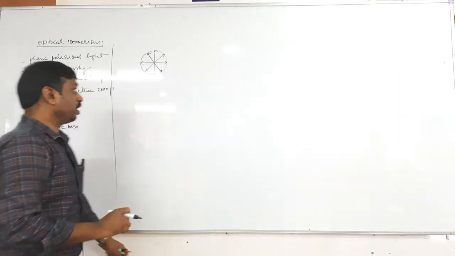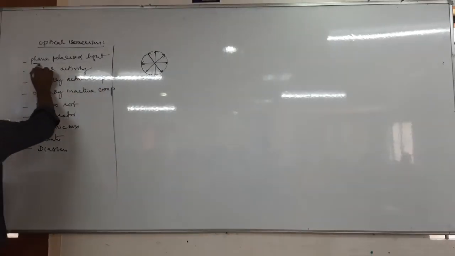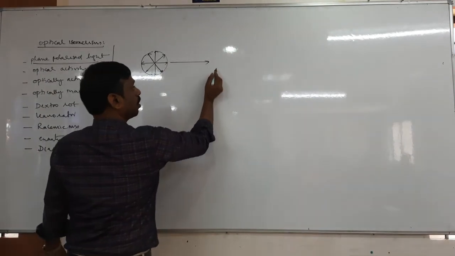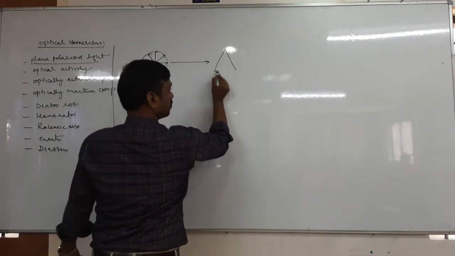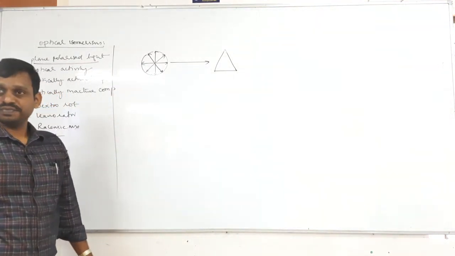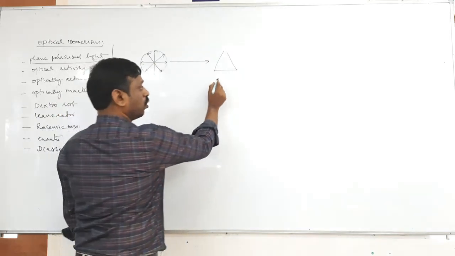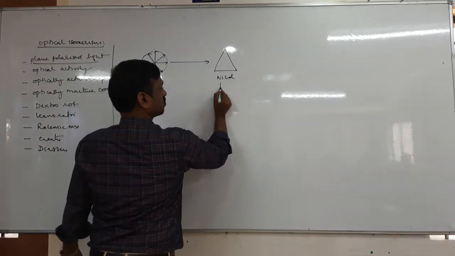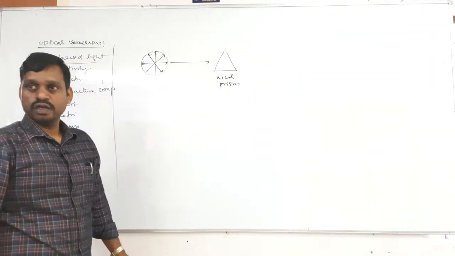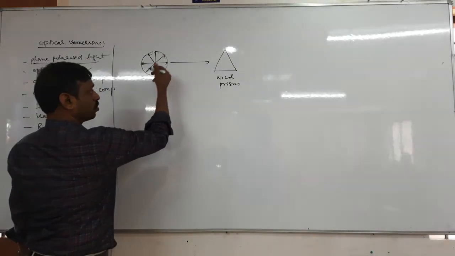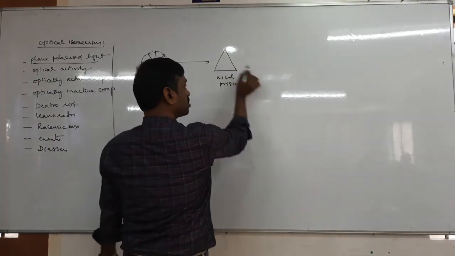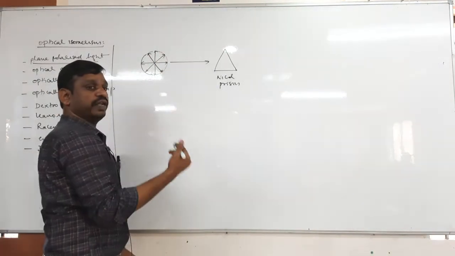But in optical isomerism, we use plane polarized light. When this ordinary light is passed through the Nicol prism, which is called a polarizer, it is one kind of prism made up of calcium carbonate. The Nicol prism adjusts the vibrations of the light into one plane.